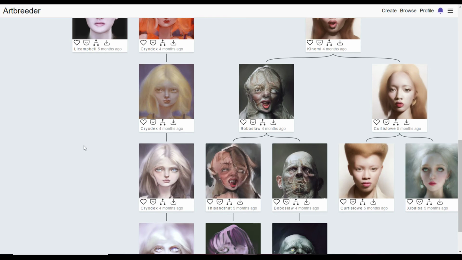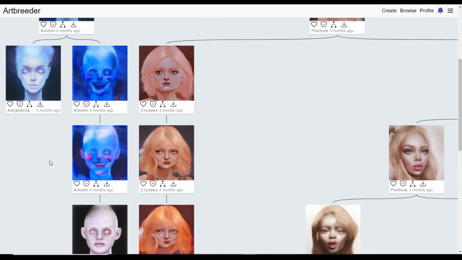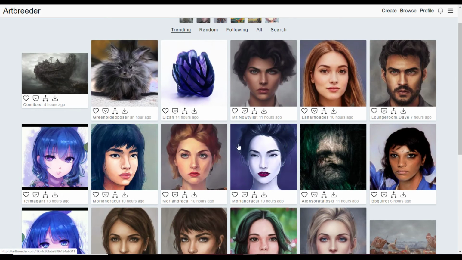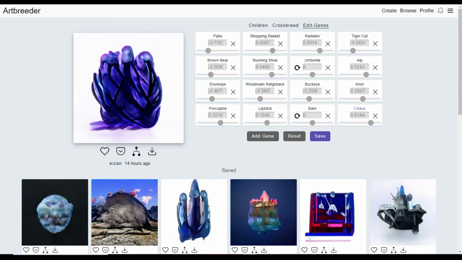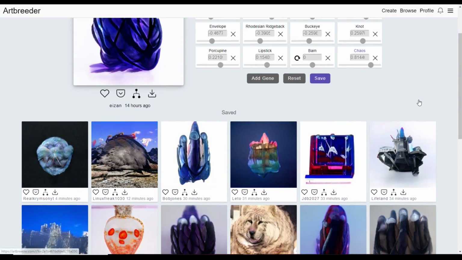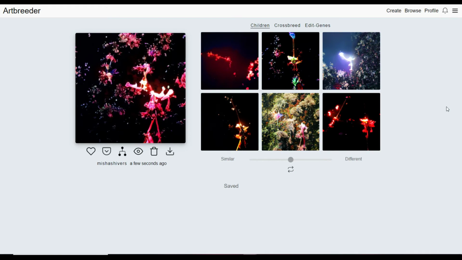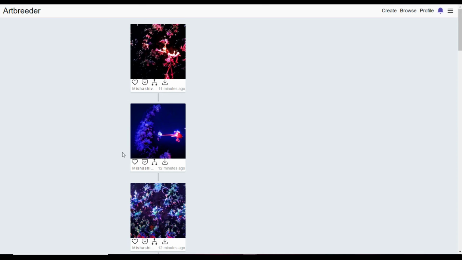Some of these are really scary. So I'm going to be spending some more time on this. Let's just look at the lineage of this one.